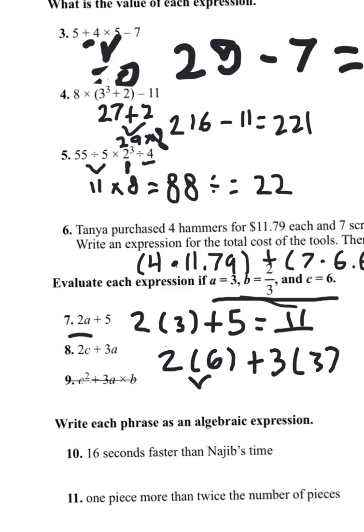So then 2 times 6 equals 12, plus 3 times 3 equals 9. So 12 plus 9 is equal to 21. So 21 would be our answer for number 8.